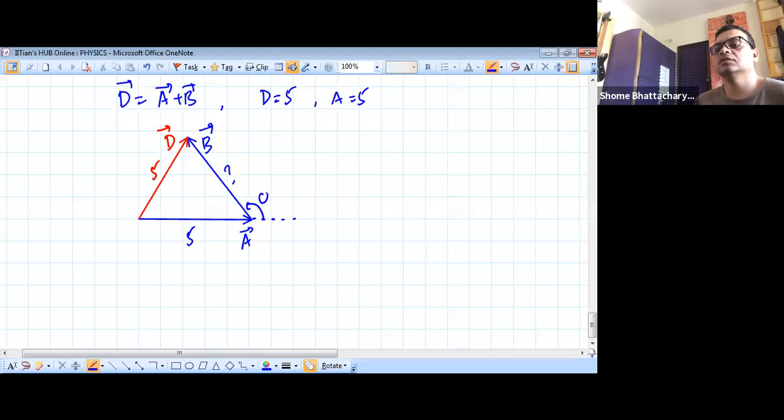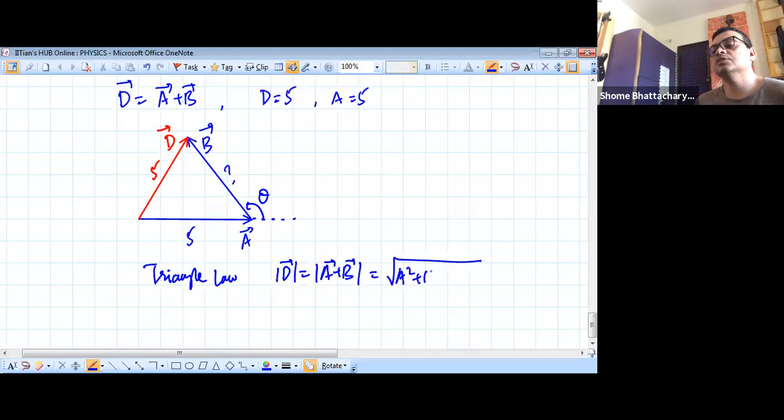This angle theta. So here we can use triangle rule. So we can see that magnitude of the vector D, which is A plus B, is the root of A square plus B square plus 2AB cos theta. So now substitute this information given. So we can see that 5 is equal to square root of 25 plus B square plus 10B cos theta.